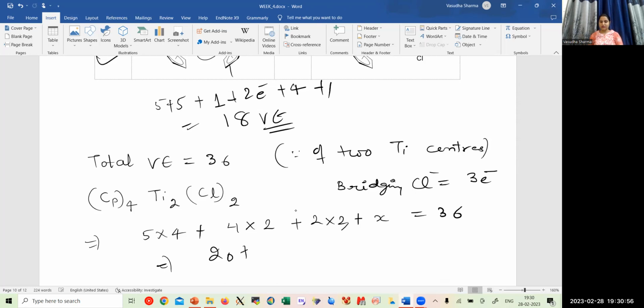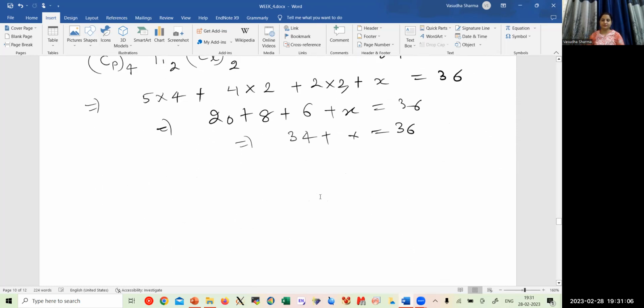So 20 plus 8 plus 6 plus x equals 36. This is 34, so x equals 36 minus 34, which is 2. Therefore, x equals 2 electrons to make one bond.